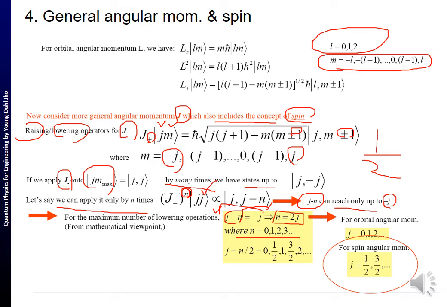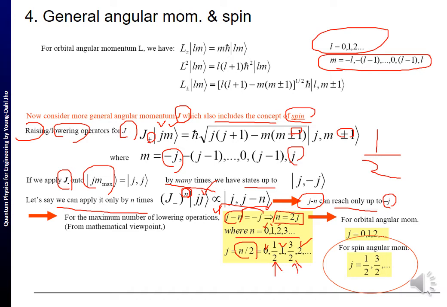Here n, how many times do we apply? It should be 0, 1, 2, 3, and so on, right? So in this case, j should be n divided by 2. So j could be either 0, 1, 2 integers, or it could be half integers: 1/2, 3/2.